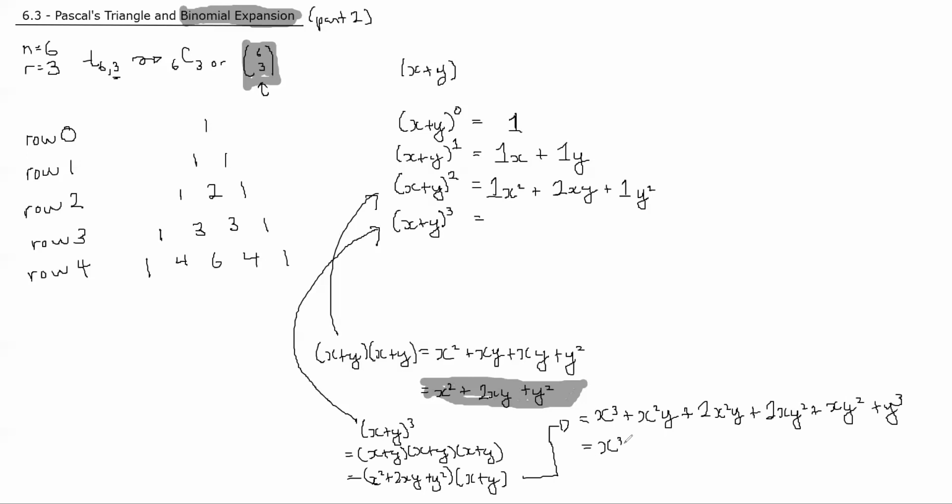Grouping like terms together, I have 3x squared y's, I have 3 xy squareds and 1 y cubed. I'm pretty sure I hear your jaws dropping all the way from where I'm sitting.